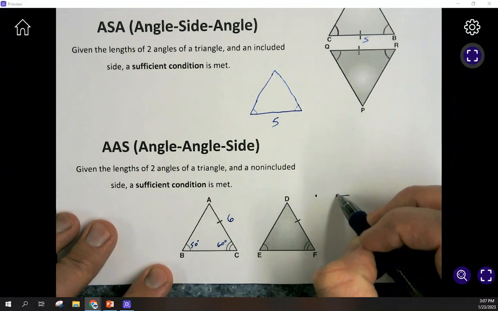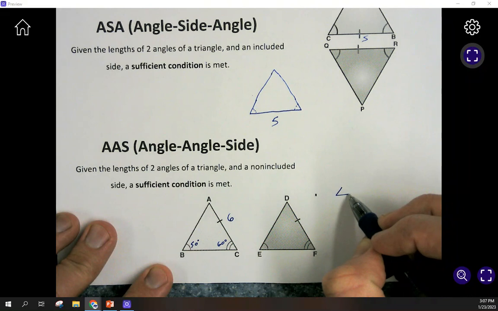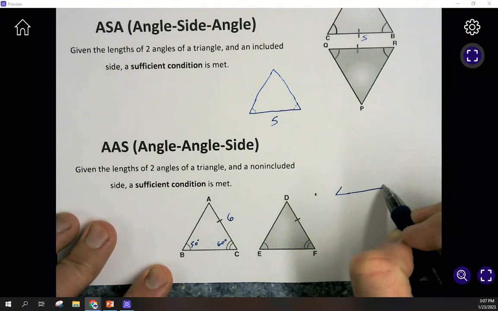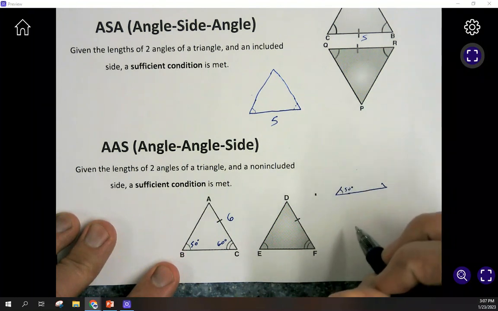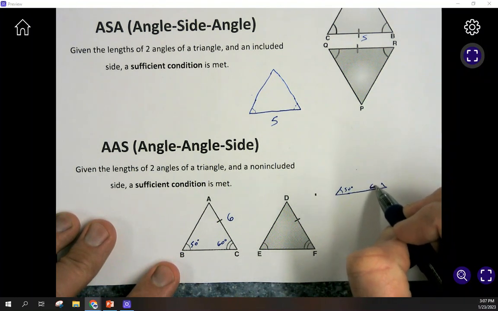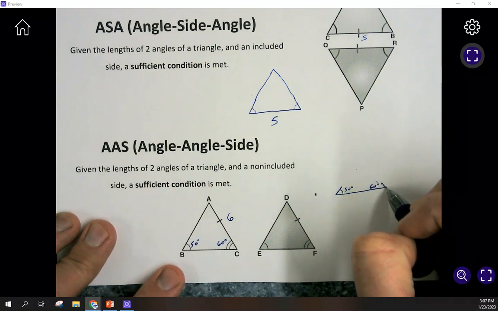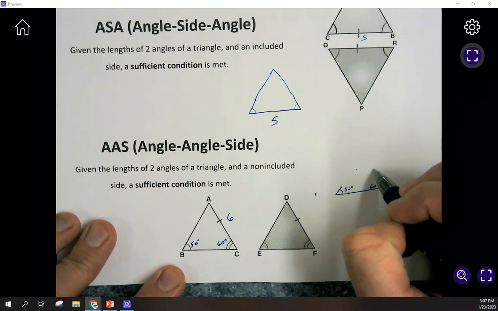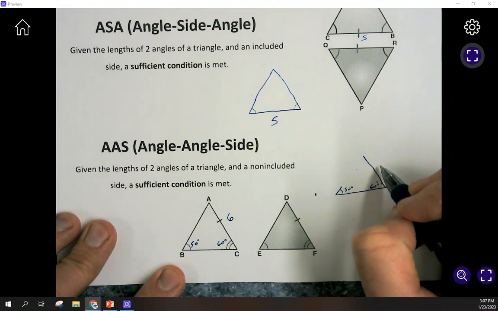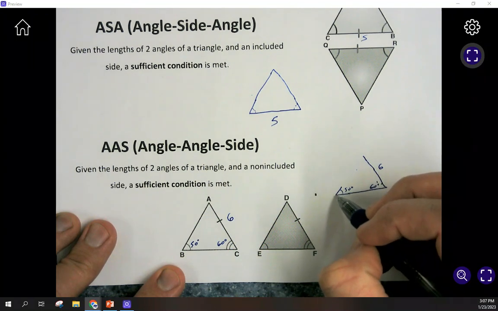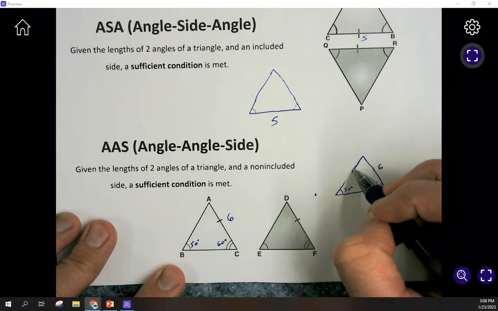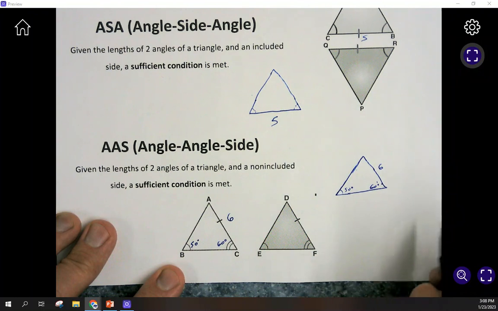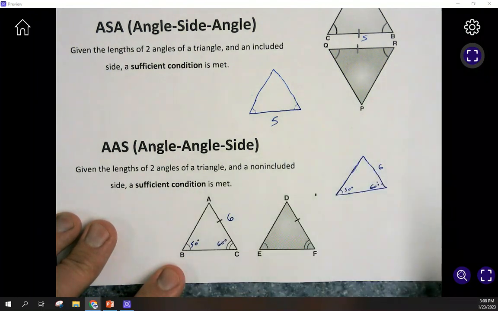If I created this angle, and then I create this angle, and it matches, so I've created a 50-degree angle. I haven't extended that side fully, and I create a 60-degree angle, and then you're telling me that this other side has to be 6, so it goes out here somewhere, 6. Well, the only way for me to make this a triangle is for me to extend this until it hits that side, right? There's no other options here. Okay, so angle, angle, side also creates that for you.